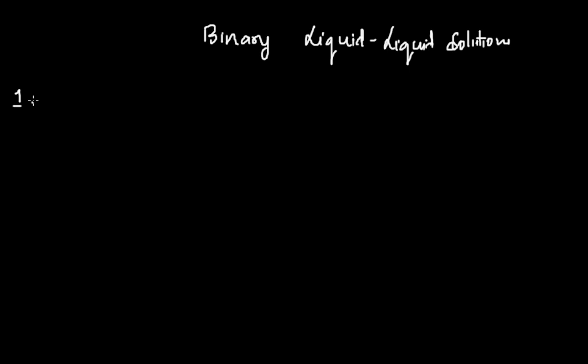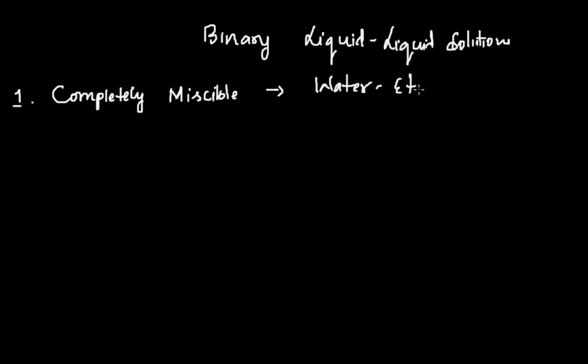One is your completely miscible. So an excellent example is your water ethanol system, where water and ethanol are soluble at all proportions at all temperatures.